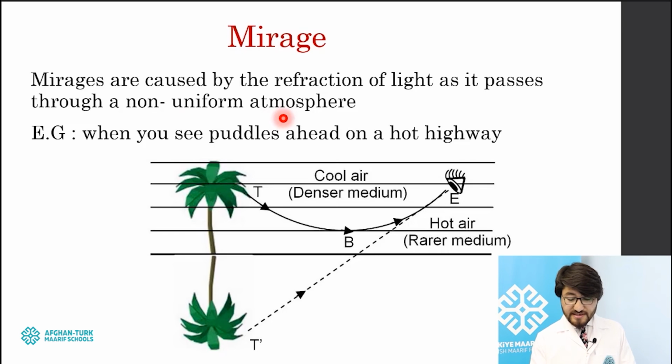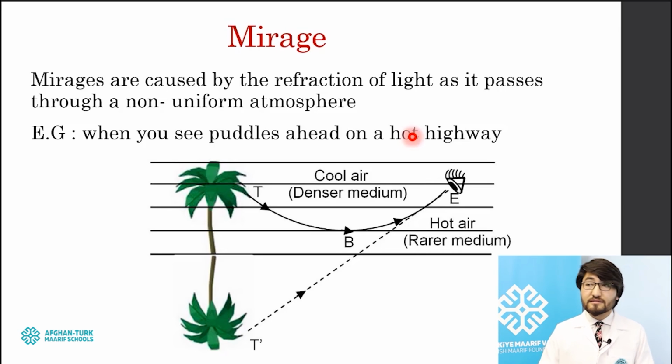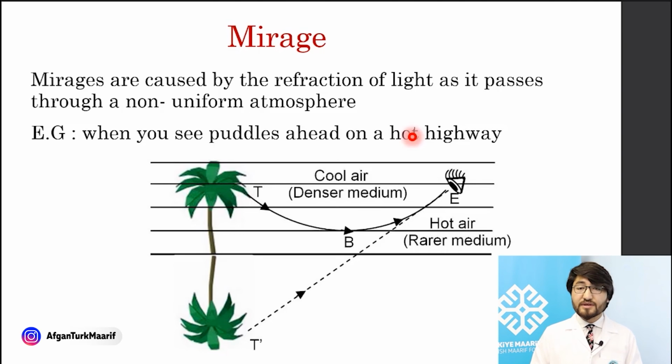Okay, when you see puddles ahead on a hot highway, this is mirage. This mirage is formed by the refraction of light, and also the result is total internal reflection. You see, when the light travels from denser medium, this is cold area.